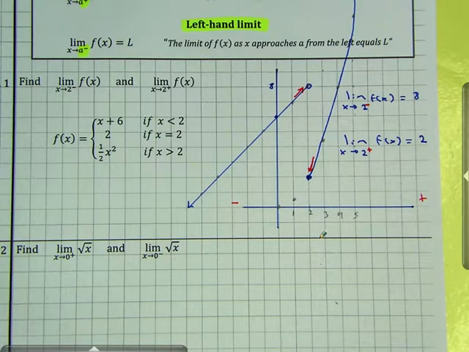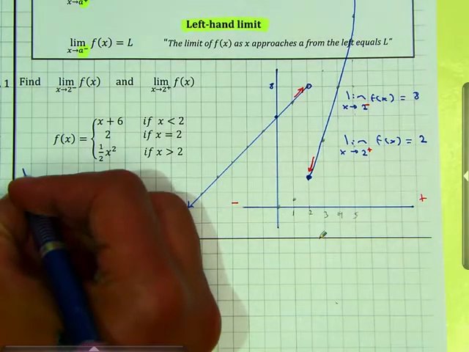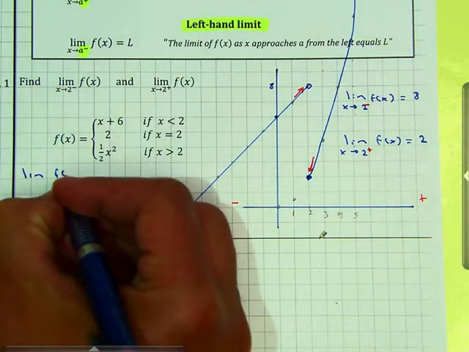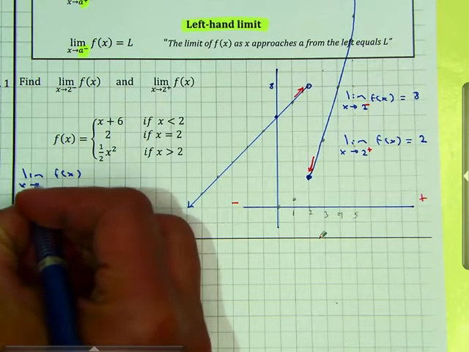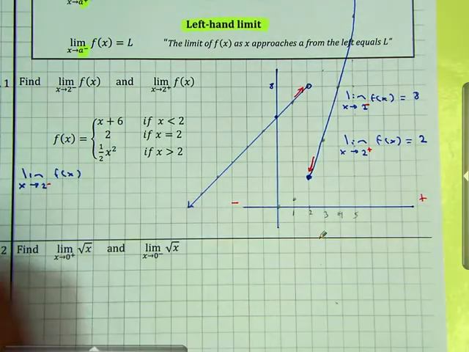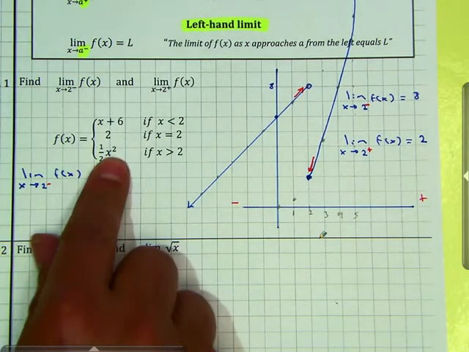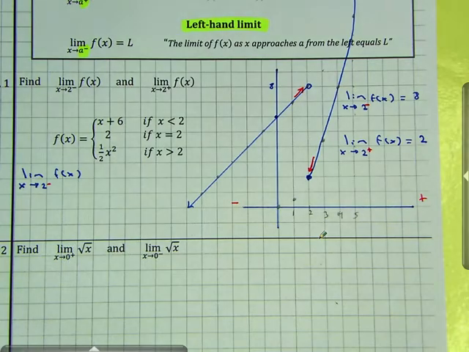Now, if we are going to do this algebraically, let's write down here the limit of f of x as x approaches 2 from the left. So if it's approaching 2 from the left, I need to decide which of those three pieces I am going to use.